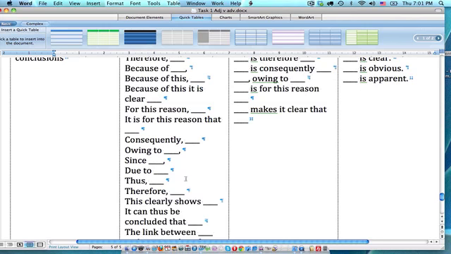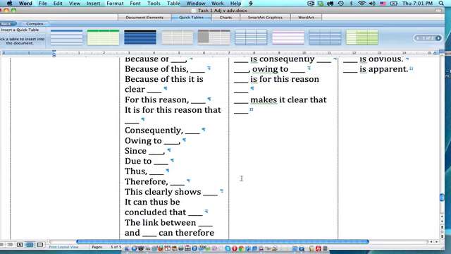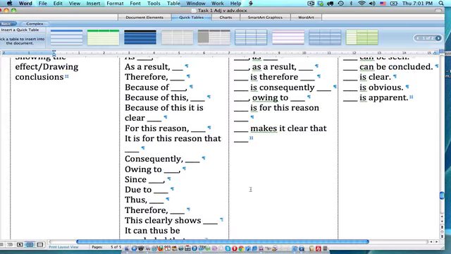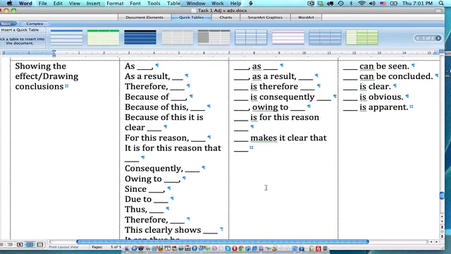due to, thus, therefore, this clearly shows, it can be concluded that, the link between blank and blank can therefore be seen. And I think you'll remember that in our case study before: blank, comma, as, and then comma, as a result, comma; blank is therefore, is consequently, owing to, is for this reason, so blank before it and blank afterwards; blank, blank, so makes it clear that.